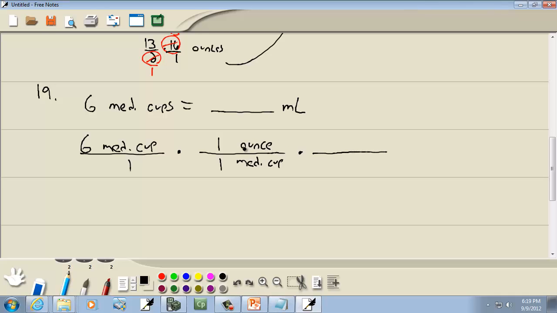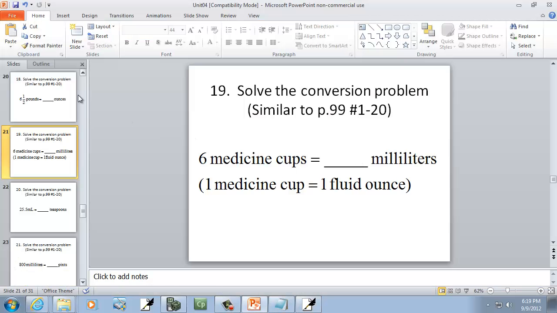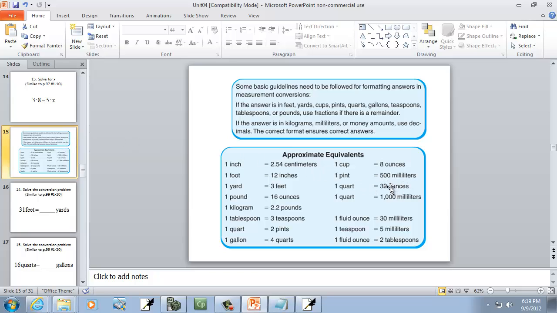Well, with dimensional analysis, if this is ounces here, this has to be ounces here. And I hope I can find some kind of tie between ounces and milliliters. So let's go look. Ounces and milliliters. Here it is. 1 fluid ounce is 30 milliliters.